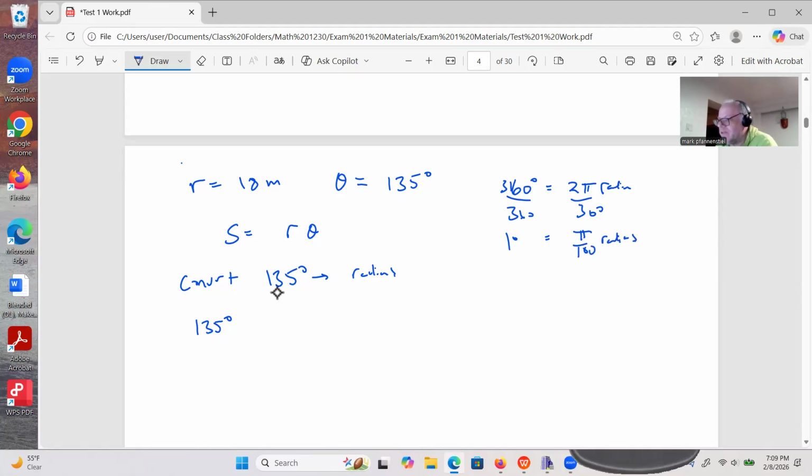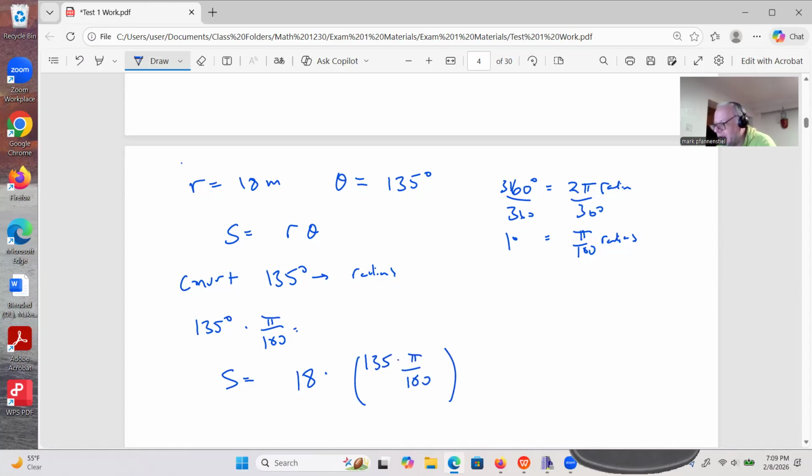So we're going to say that we have 135 times pi over 180, and that's going to tell me how many radians I have. So we'll figure that out in a second. We will have S is equal to R, that's the 18, times theta, and that's going to be our 135 times pi over 180.